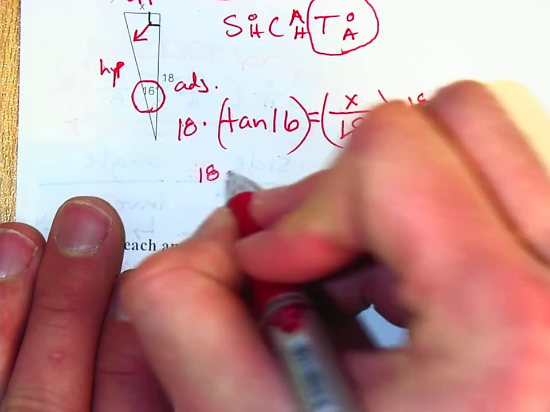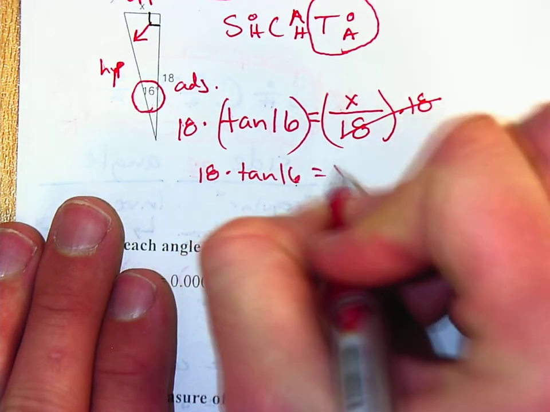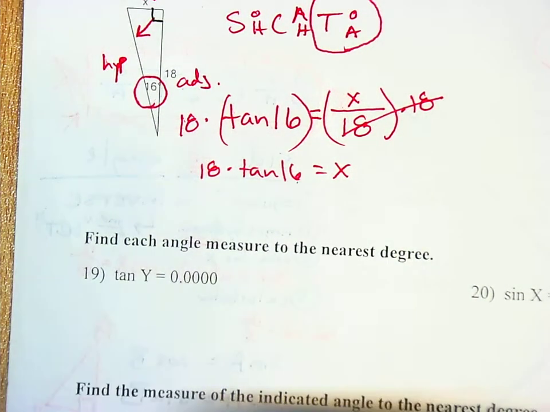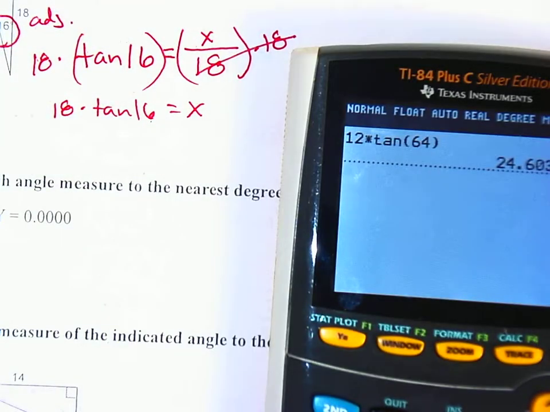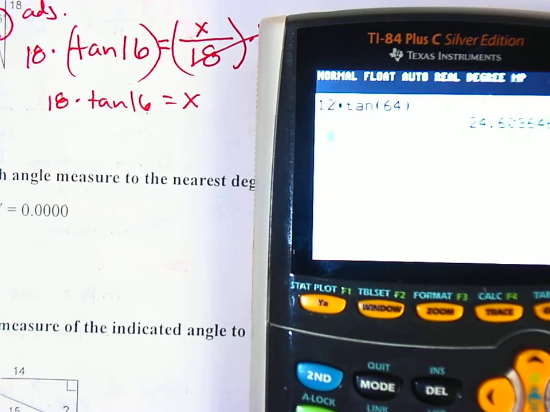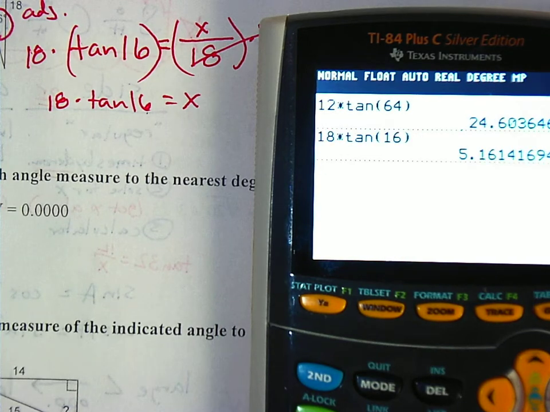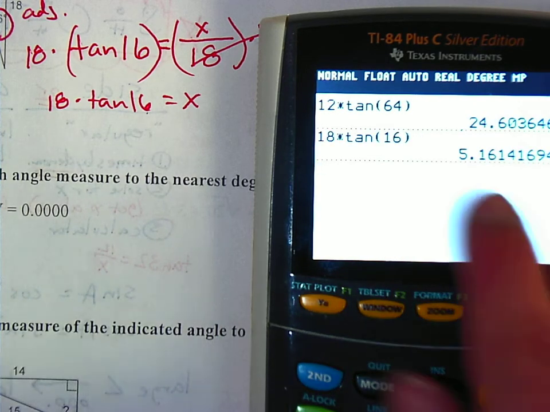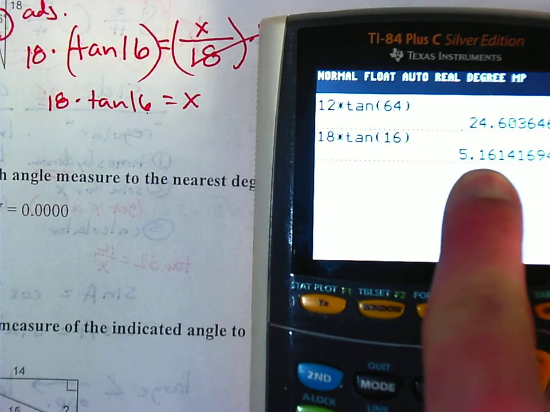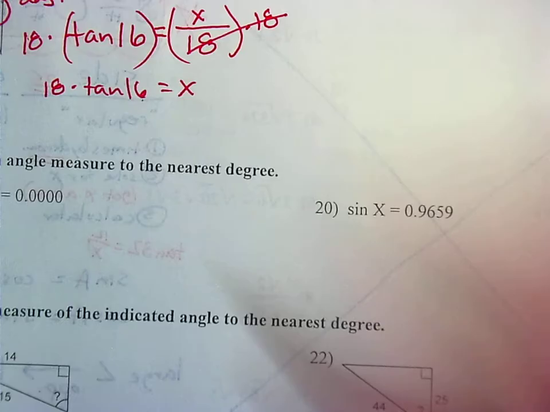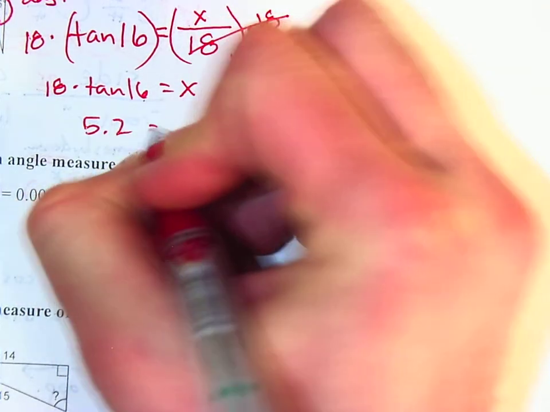And we have 18 times tan of 16 equals x. Now x is alone, so I get to just plug that right into my calculator. 18 times tan of 16. And we're rounding to the nearest tenth, so that's the first place after the decimal. So we get 5.2. 5.2 equals x.